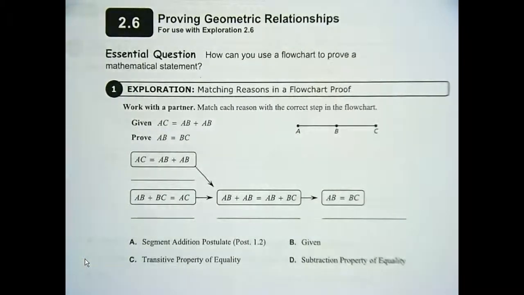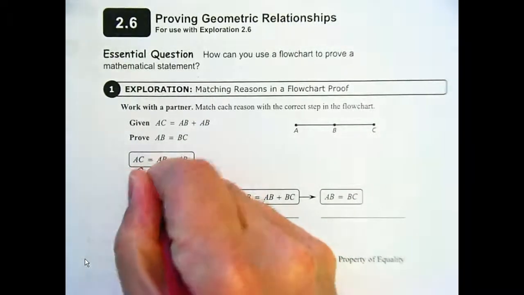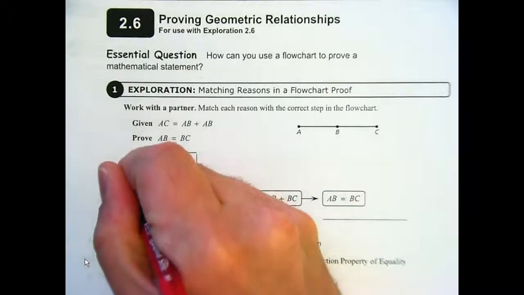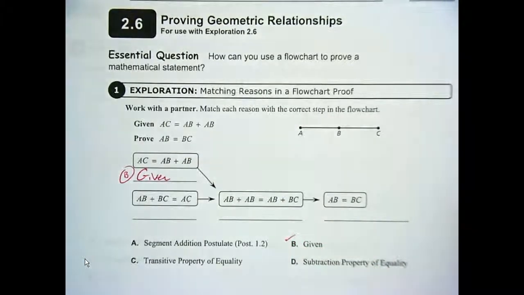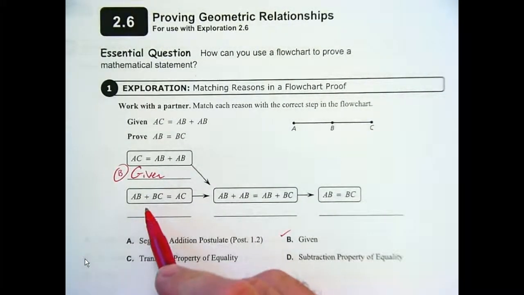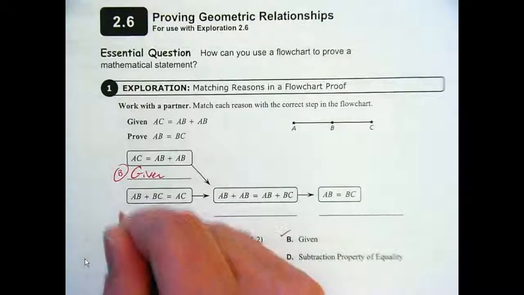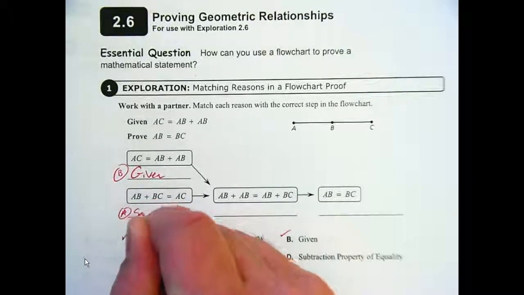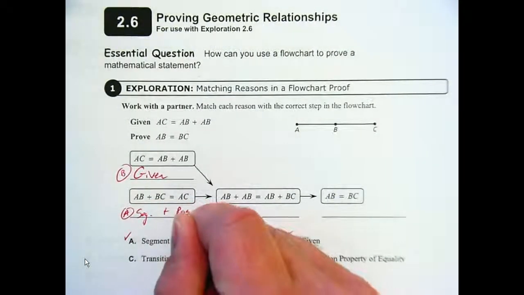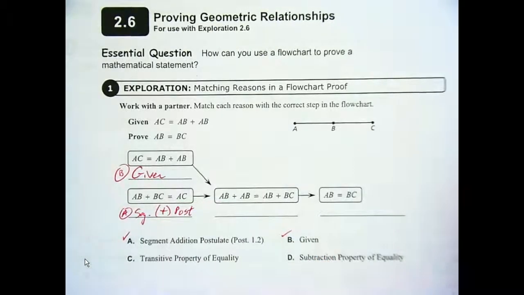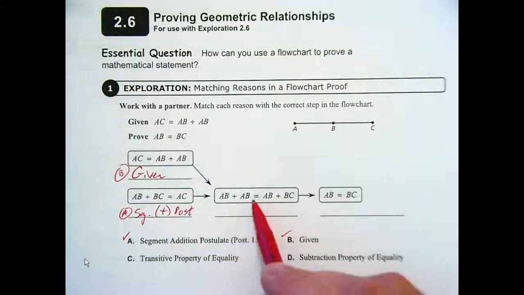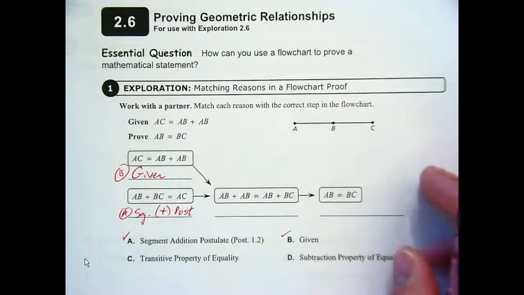Okay, let's see what we got. First one here, AC equals AB plus AB. What do we have? Yes, Isaac? That is given. Good. Or letter B, if you want to think of it that way. This one here, AB plus BC equals AC. Segment addition postulate, that is A. And how about AB plus AB equals AB plus BC?